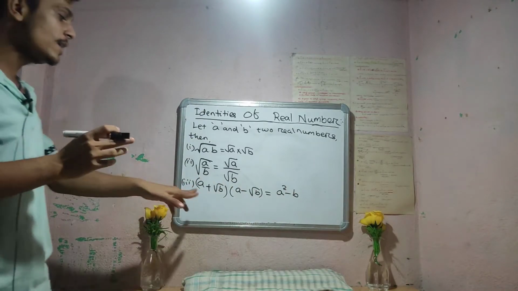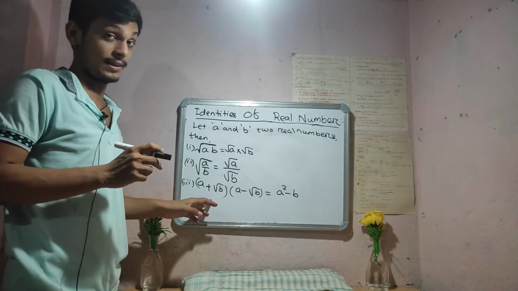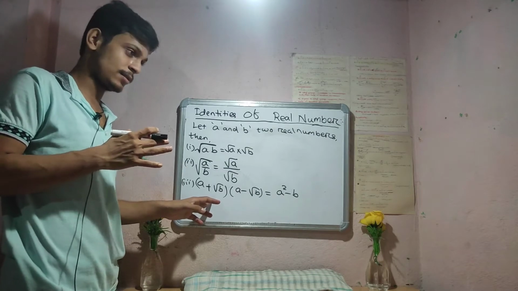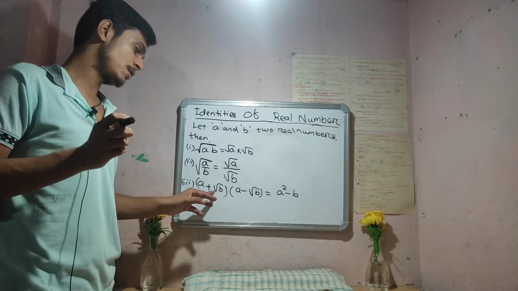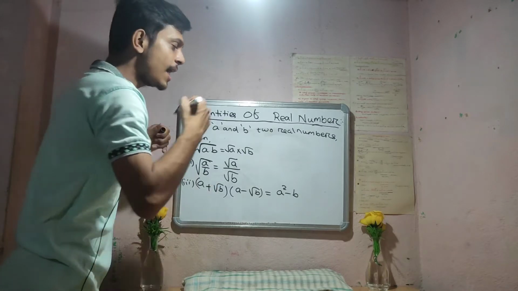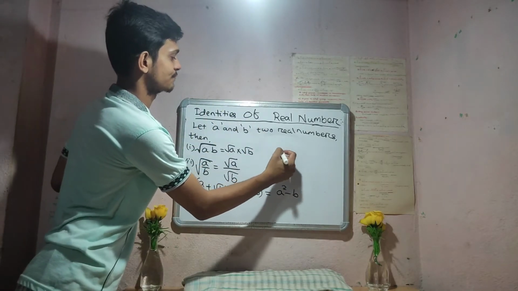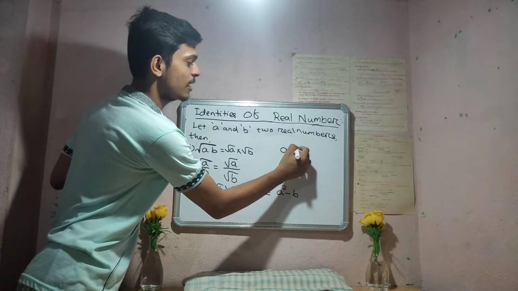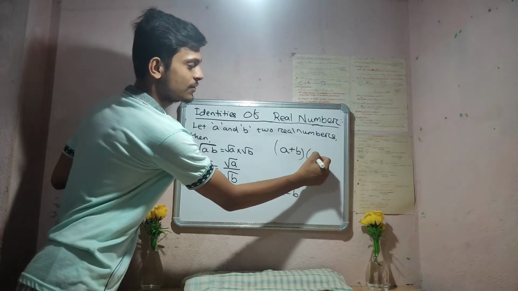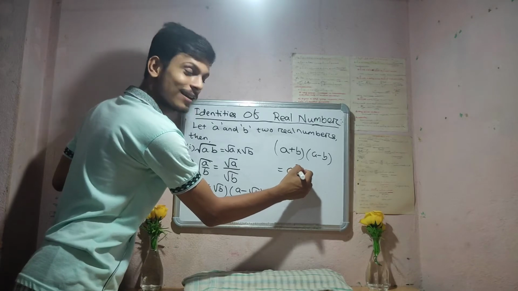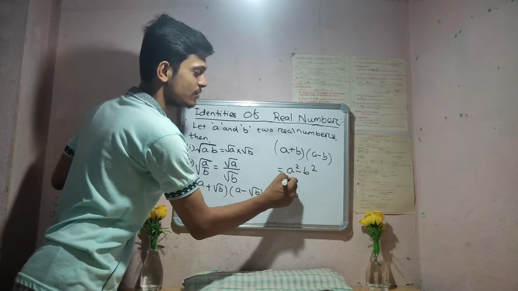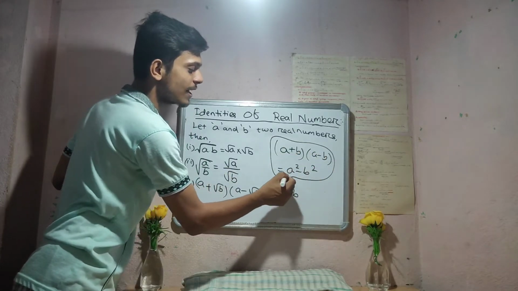We already know this type of formula from class 8, in identities and factorization problems. What is the formula? a plus b whole into a minus b is equal to what? a square minus b square. So this is the formula you already know in class 8.